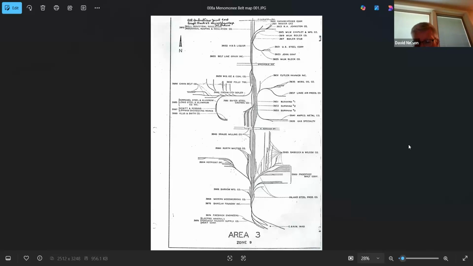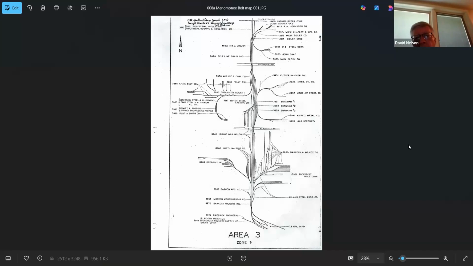To the north was the Milwaukee Road airline that provided a shortcut for trains going out of the Milwaukee Road yards west to Elm Grove and then on to the Twin Cities. So that was to the north of this map. To the bottom of this map was the Chicago Northwestern's Mitchell Yard, which connected up to the main line.